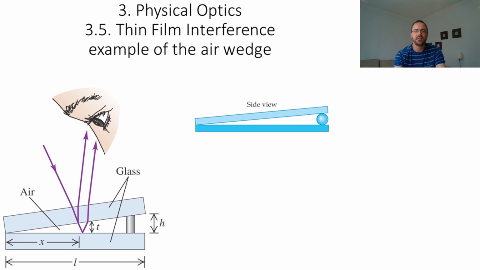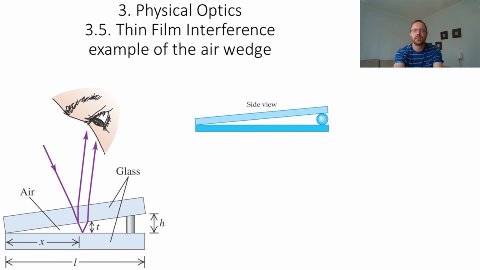In this example, we consider an air wedge. This is like a thin film of air that has a variable thickness. It can be created by two pieces of glass with a small angle between them, and the light can be reflected from the top of the air wedge or from the bottom. And the two reflections will interfere with each other.